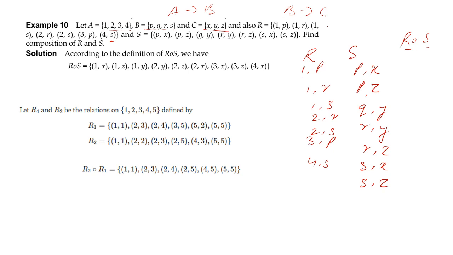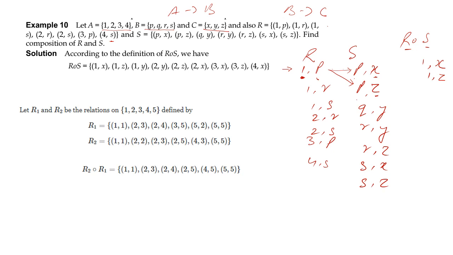I will take the first pair from R. I will take the first element of R and I will check whether the second element of this pair is being used as the first element in the relation S. Yes, I can see P over here and P over here. So this will combine to this and this. So I'll get the pair 1 comma X and I'll get the pair 1 comma Z.